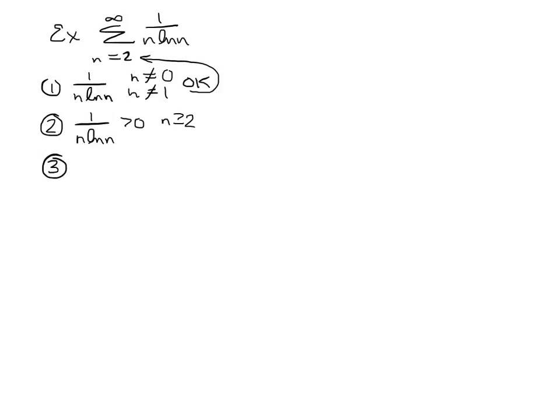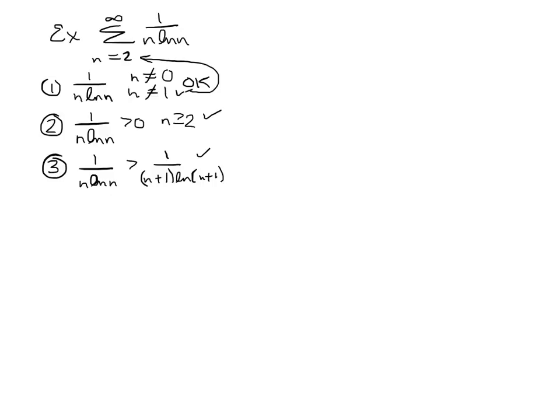And thirdly, it needs to be decreasing. So is 1 over n plus 1 natural log of n plus 1, that's the next term, smaller than the original? If you have something bigger in the denominator, the whole thing is smaller, and so yes. Right, so it is continuous, positive, and decreasing.